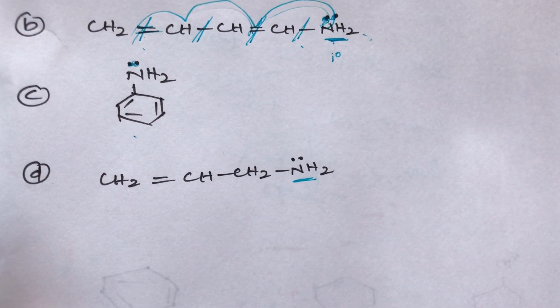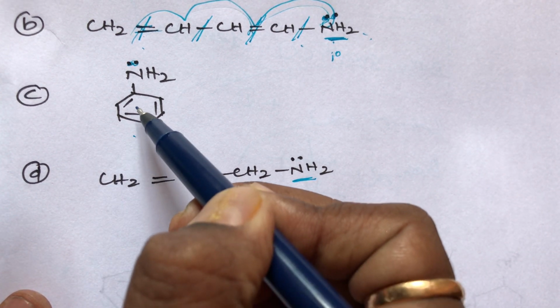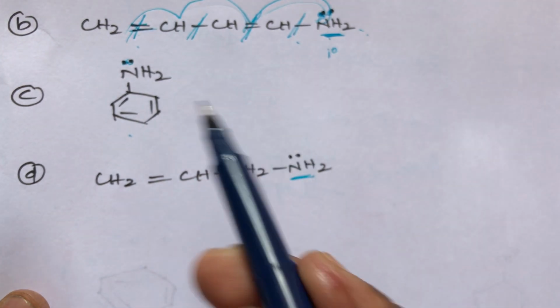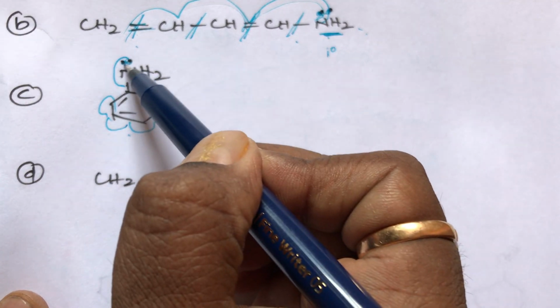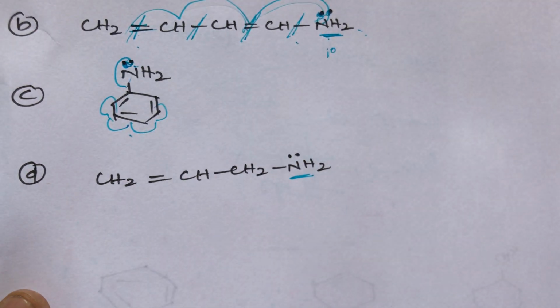And what about this C compound? This is amino benzene, or aniline. Here also conjugation is there. This NH2 also belongs to primary amines, and its lone pair is involved in the resonance, participating in the delocalization.